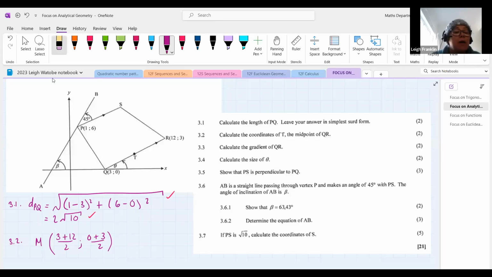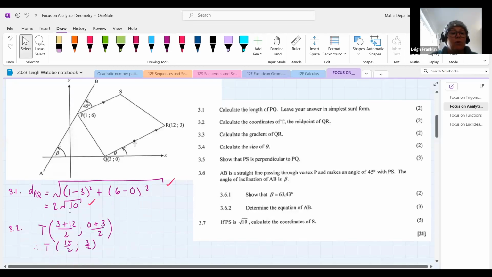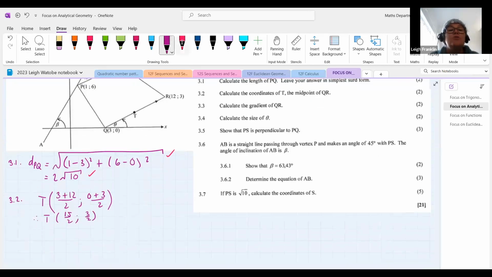Sorry, I should put T there because we're calculating the coordinates of T. That means the coordinates of T are going to end up being 15 over 2 and 3 over 2. So again, 2 marks. Level 2 question, 1 mark for subbing in, 1 mark for the answer.